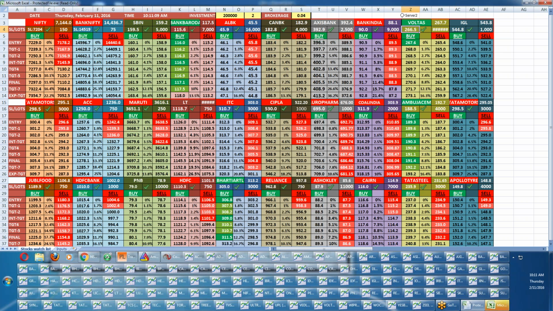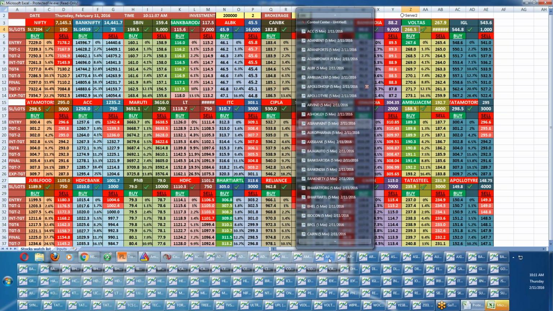So Nifty has done its intermediate target. So Coal India, Aurobindo Pharma, Ashok Leyland, Jubilant Food, they've crossed all their targets, but we'll still wait on that because we are seeing that in the charts.